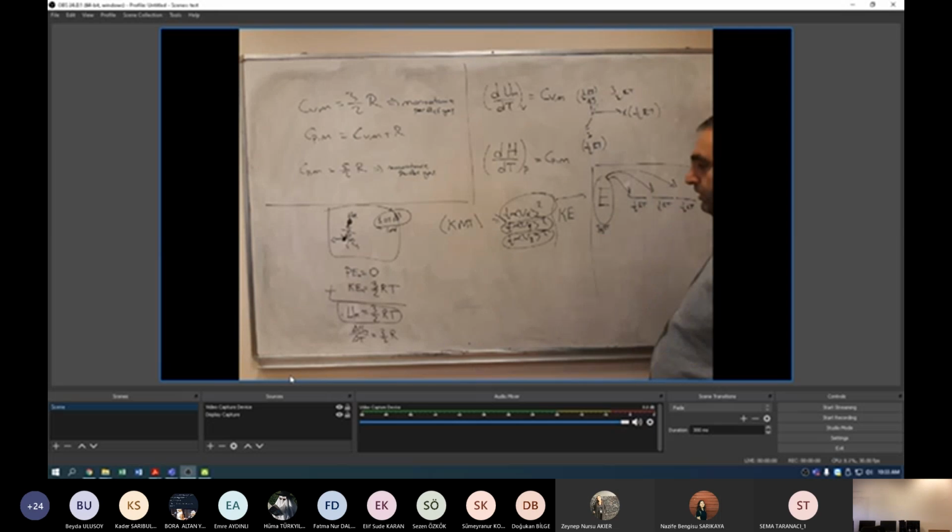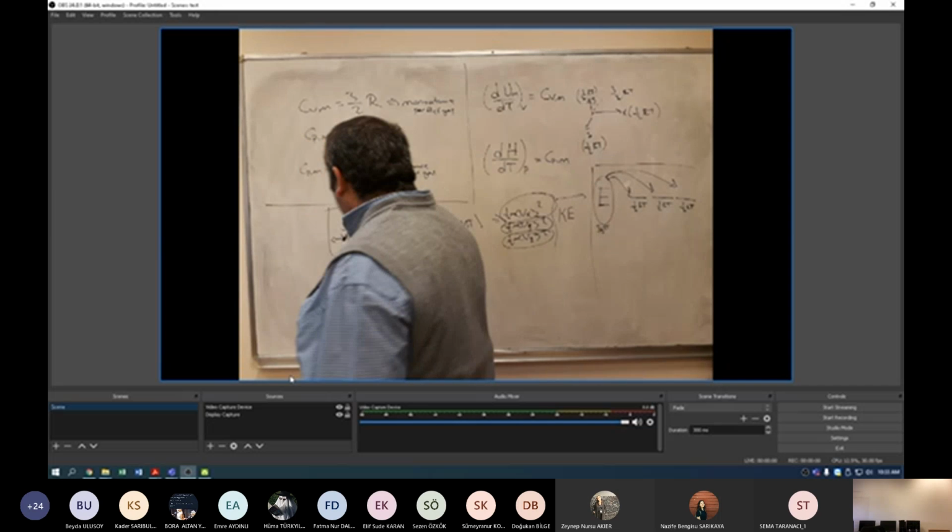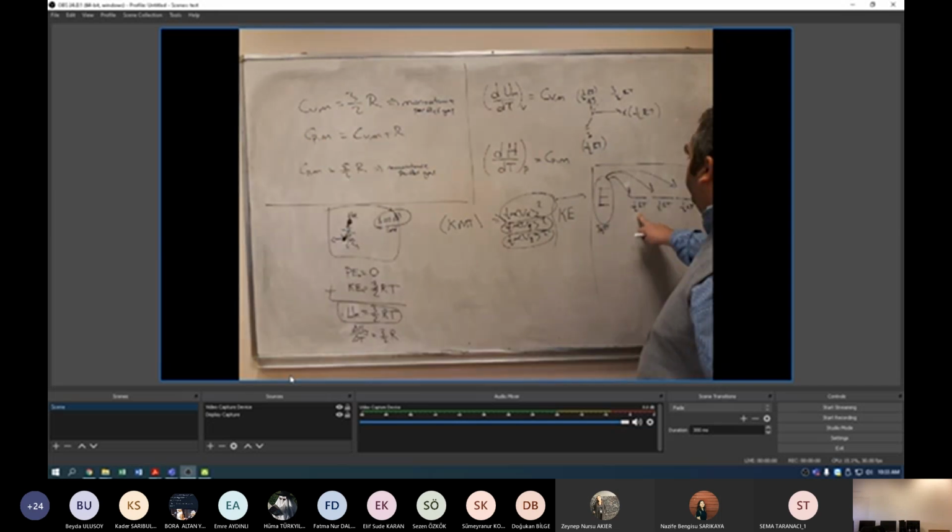So imagine that there is 1 mole of helium atoms, and they will have 1/2 RT in the x direction, 1/2 RT in the y direction, and 1/2 RT in the z direction.